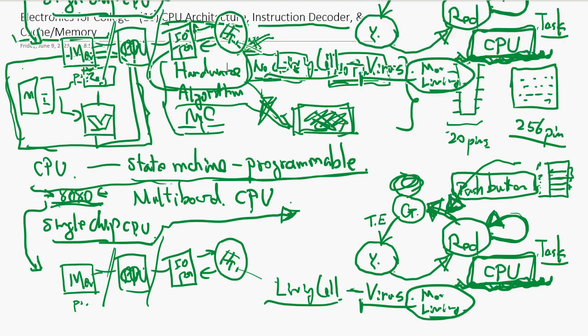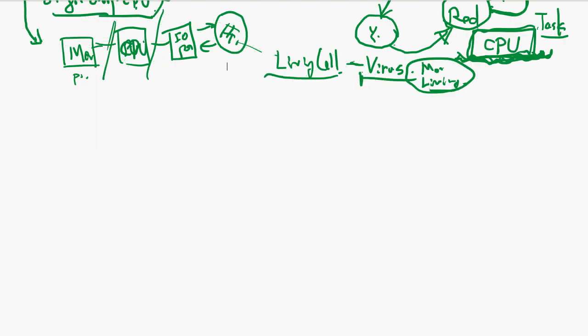Okay. So from this perspective, we talk about CPU architecture. For CPU architecture, what we need is an instruction decoder.